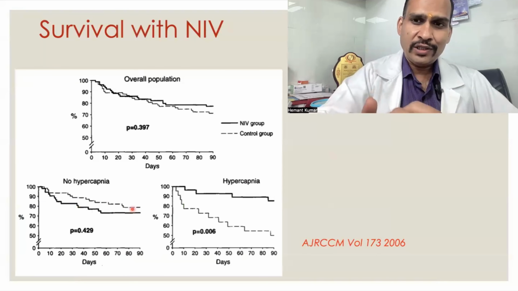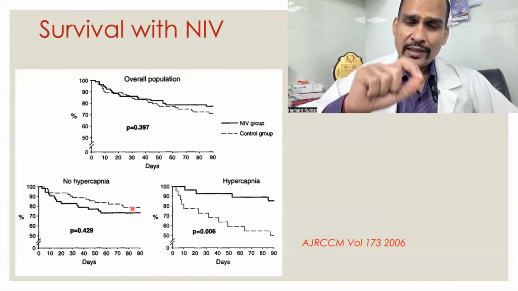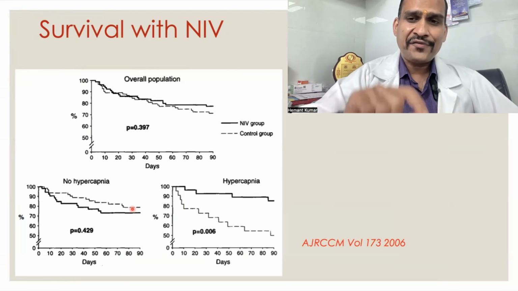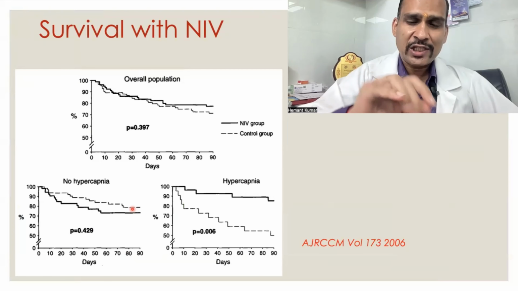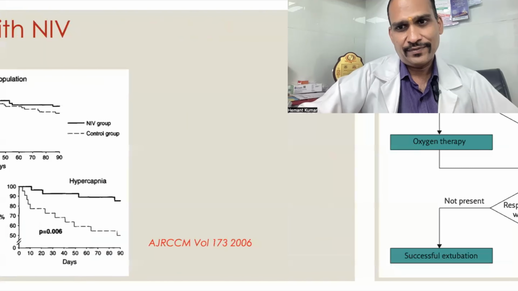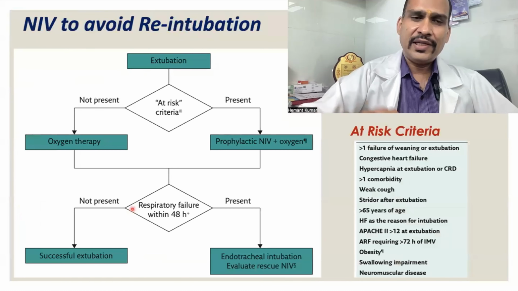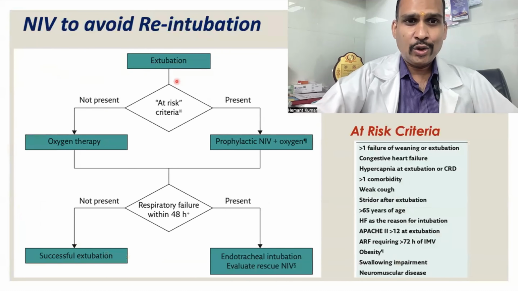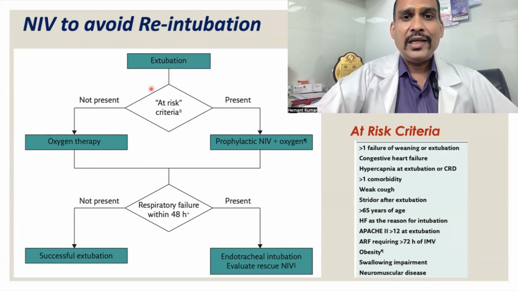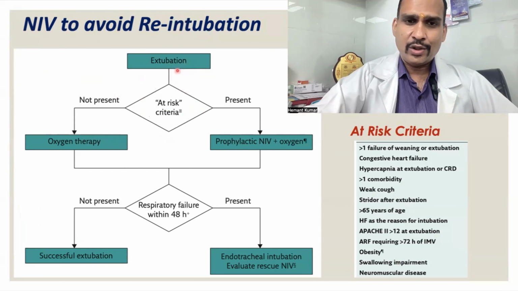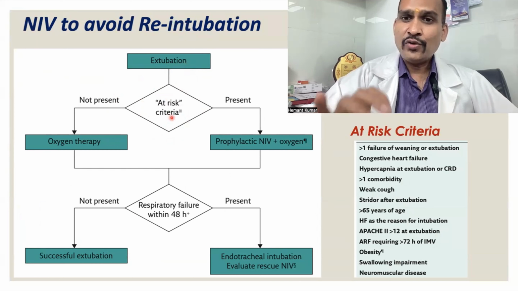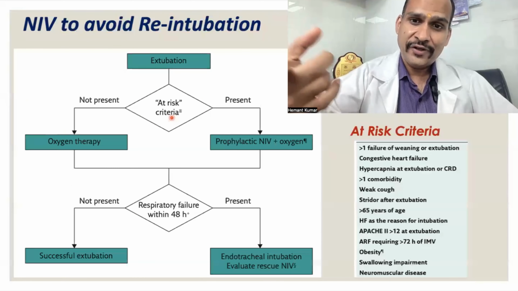So the take home message for this slide is that you can apply NIV after extubation in type 2 respiratory failure patients only. Then only the patient will get benefit. So this is the algorithm. After extubation, you have to see if any risk factor is there or not. So what are the risk factors for extubation failure?